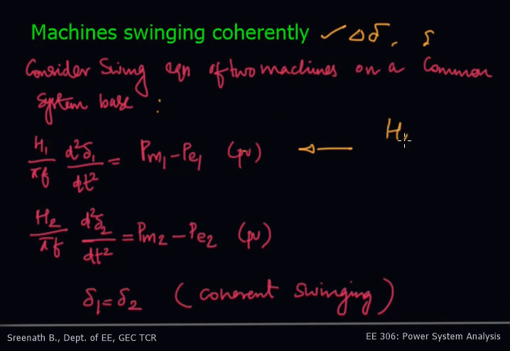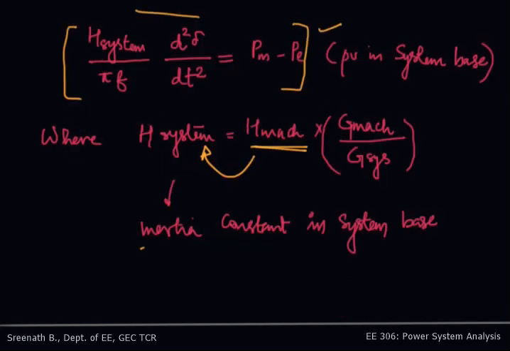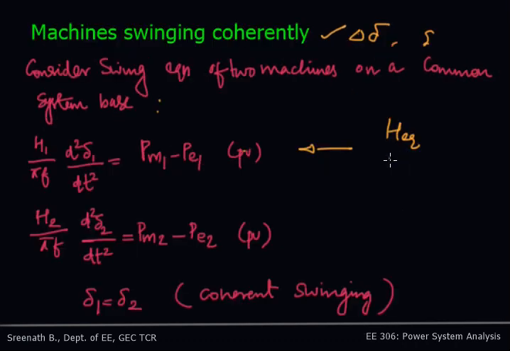So earlier we had got an equation for H equivalent or H system. That H system is the same as H1 here. So H1 you have derived based on that. Similarly, H2 is defined for another machine. This H2 is also derived based on the H system equation. Based on its own rating, you have converted it to a common rating.